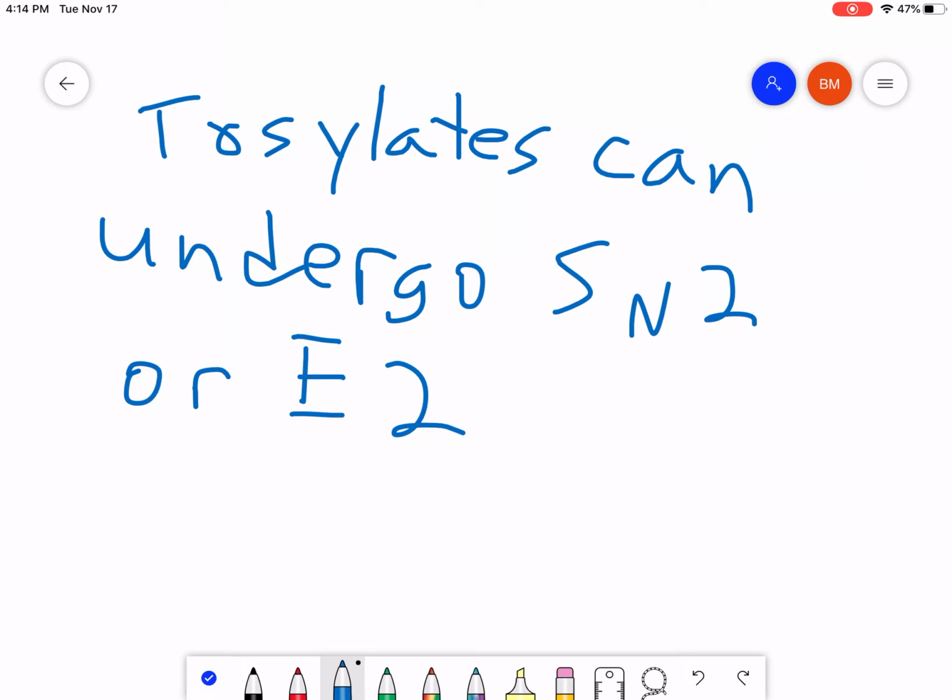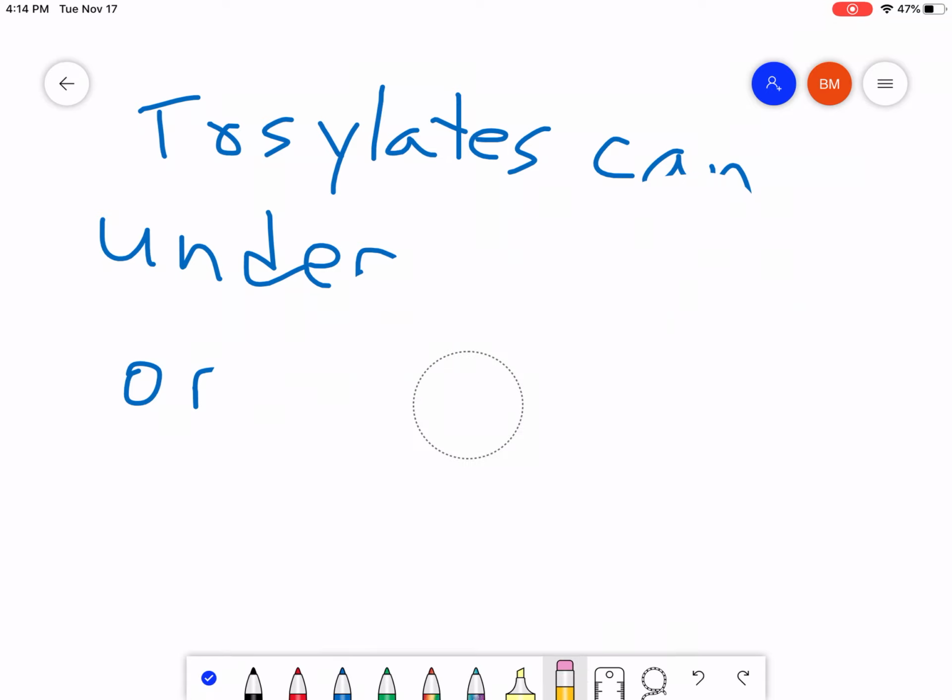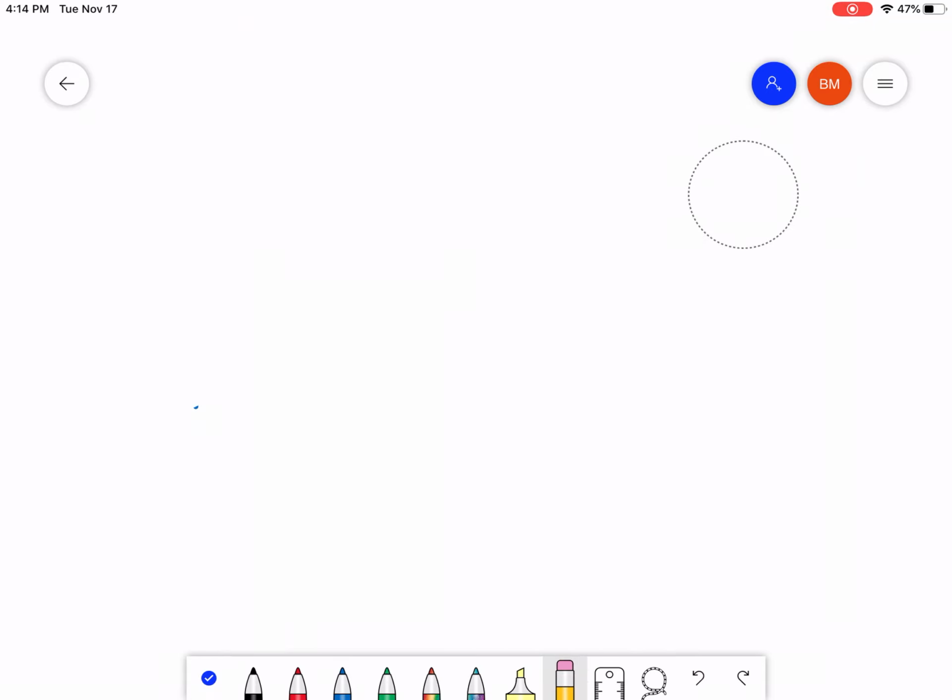Let me give you a few scenarios here. Let's say you have a primary tosylate. A primary tosylate is when you have the tosyl group attached to a primary carbon.